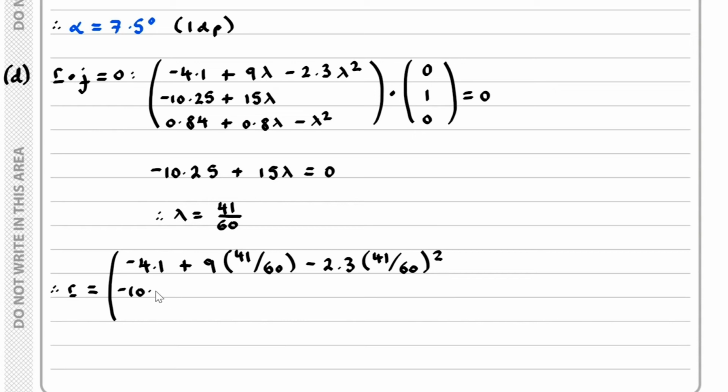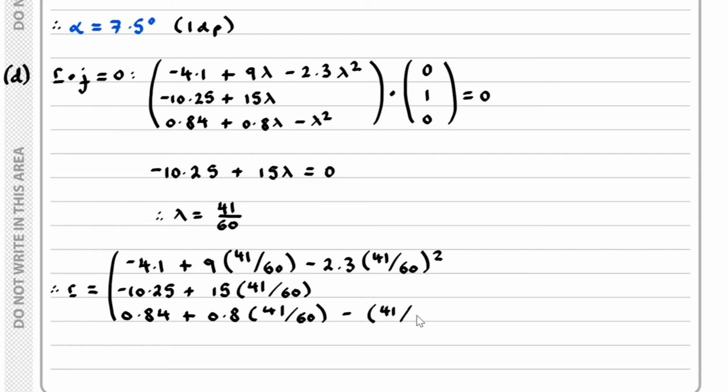Then we've got minus 10.25 plus 15 times 41 over 60. And then we have 0.84 plus 0.8 times 41 over 60 minus 41 over 60 squared.